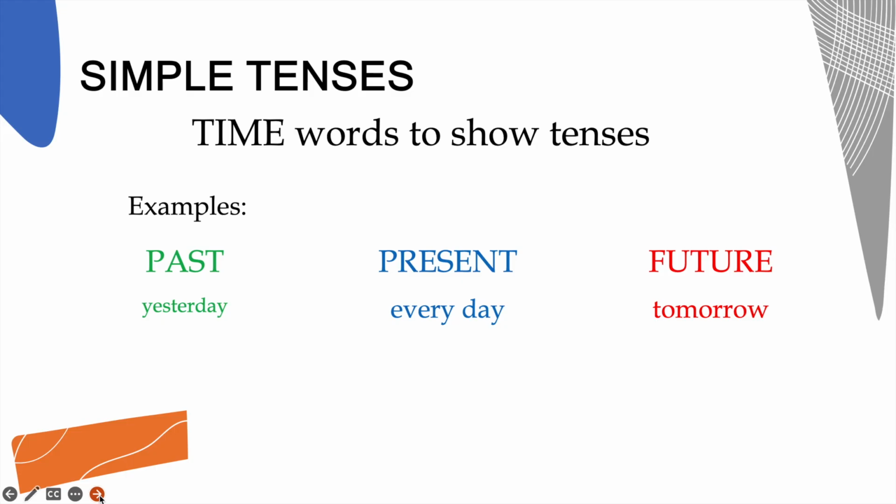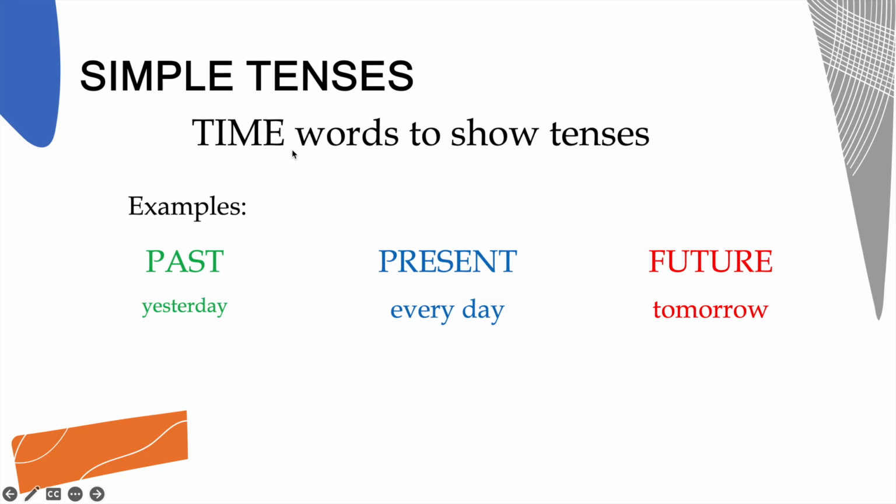There are three simple tenses in English. These simple tenses have different time words to show when the verb was done or performed. You have the past, the present, and the future.